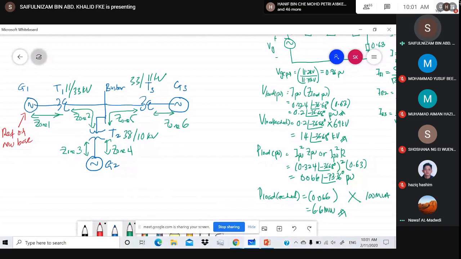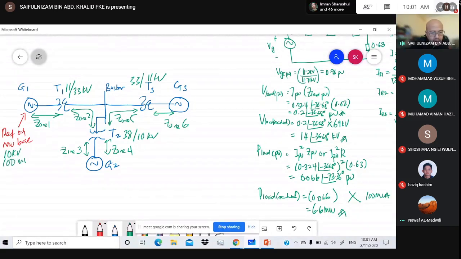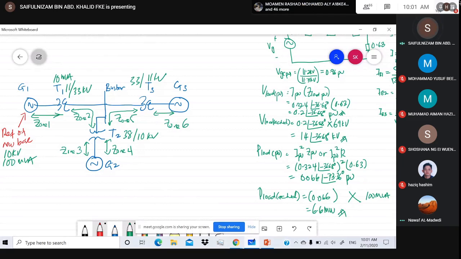I just put randomly the value or the rating of the transformer. Okay, let's say your base is 10 kV, 100 MVA. Here let's say 10 MVA, maybe here is also 10 MVA, so maybe 10 MVA.